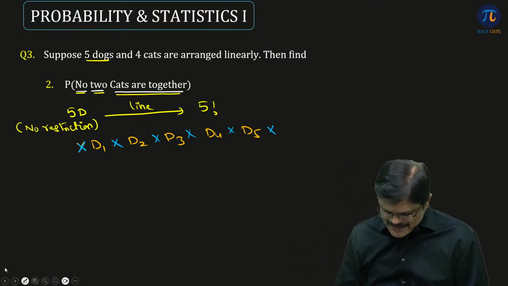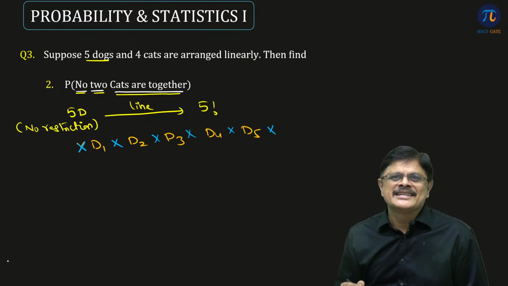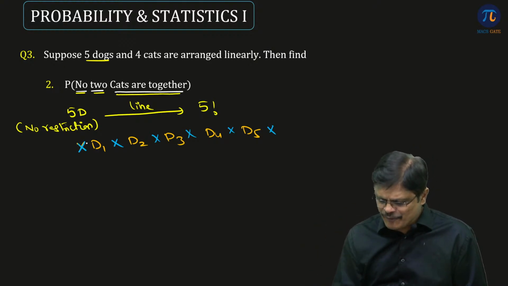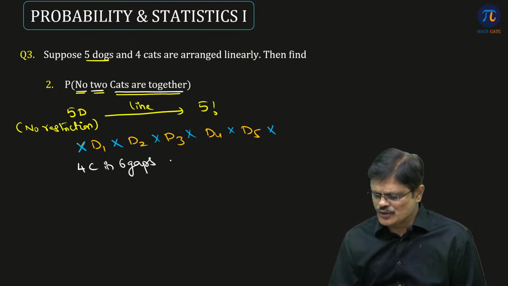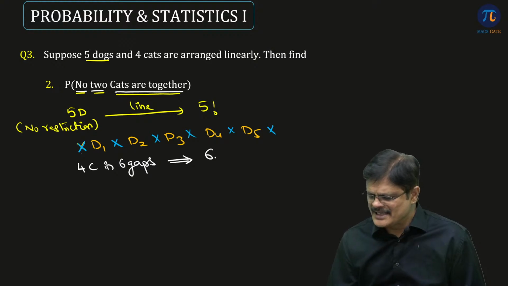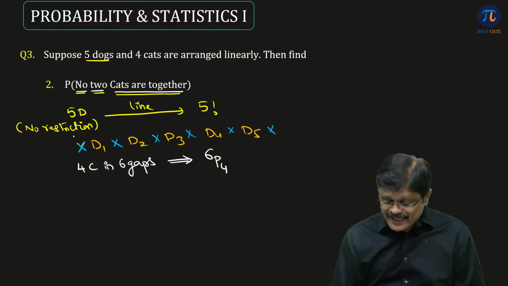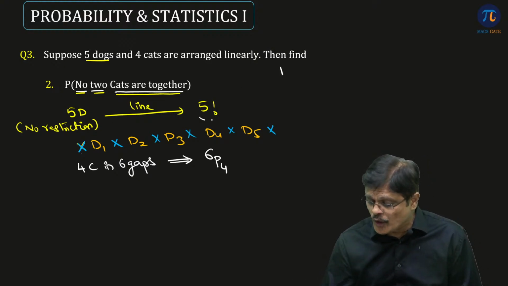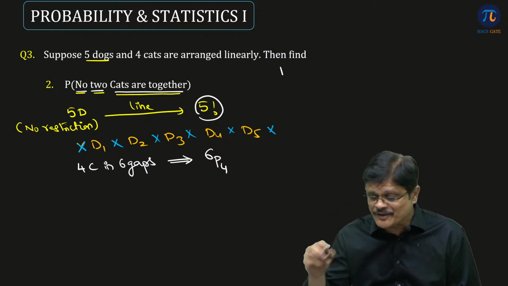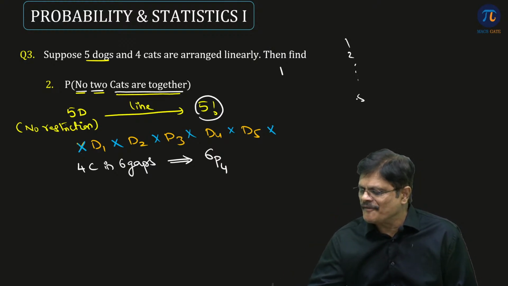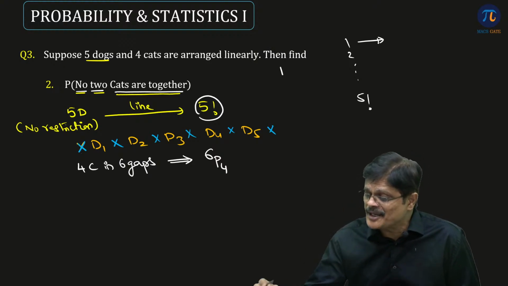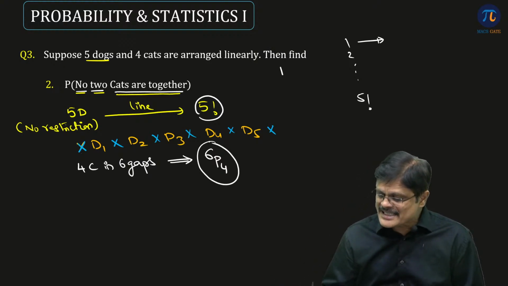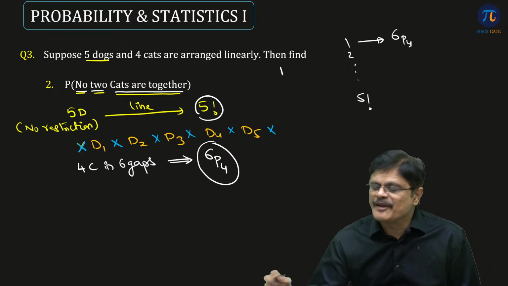So you arrange the cats in these six gaps. How many cats are we having? Four cats. So arrange 4 cats in 6 gaps. That can be done in how many ways? 6P4. See, for each arrangement of the dogs, there are 5! arrangements of the dogs. For each arrangement of the dogs, the cats can be arranged in 6P4 ways.